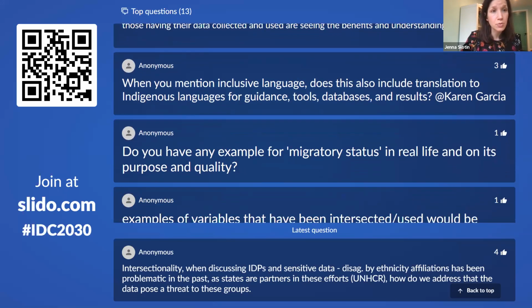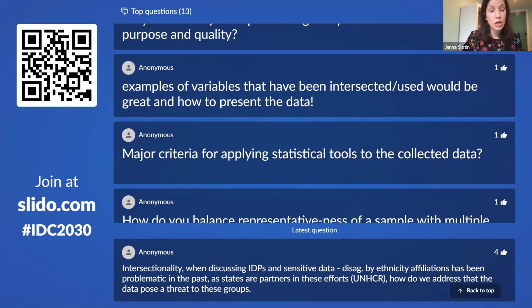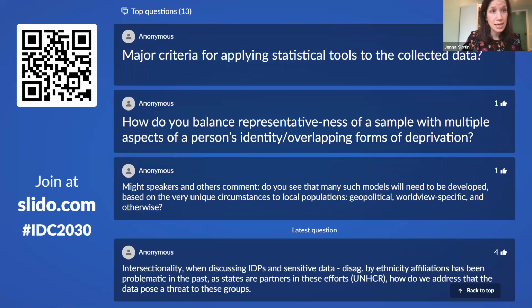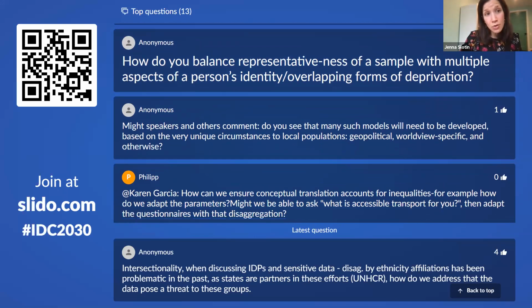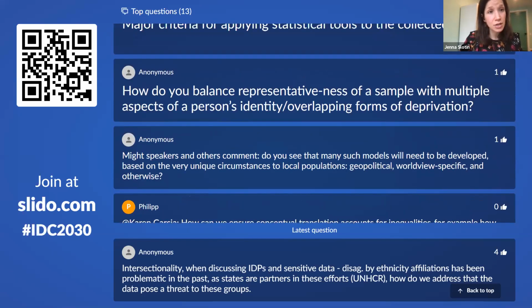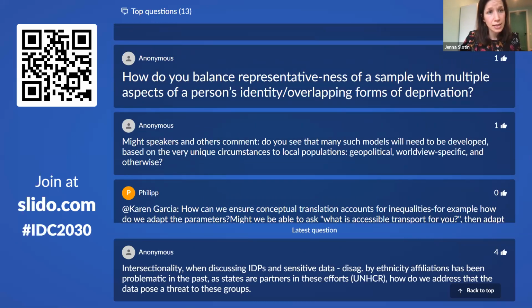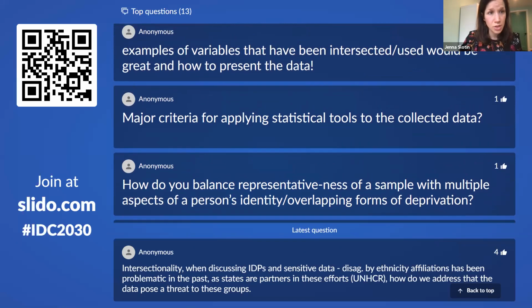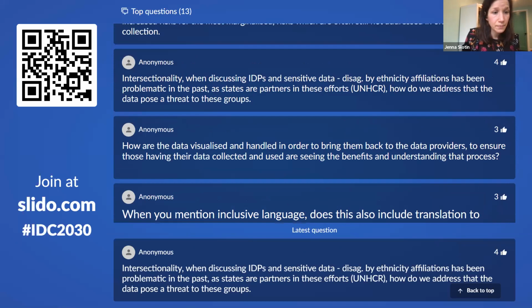So thinking about persons with disabilities, thinking about displaced persons, how do you, in your own work, think about the privacy and rights needs of those individuals? And how do you ensure that data gets back to those communities, so they not only understand the process and reason for collecting the data, but can think about how they might use it to achieve their objectives? So first to Emma and then to Christelle, please.